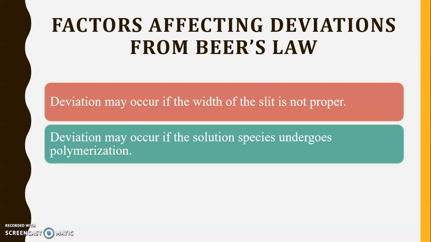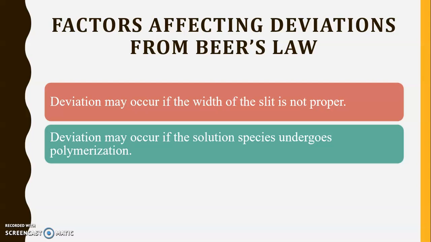But if we increase the concentration, then that monomer will be converted into the polymeric form, which will change the structure, and due to the change in the structure of that species, dissociation of this polymer will increase on dilution, and due to this a change in the absorbance will be observed. So this is another deviation due to polymerization.